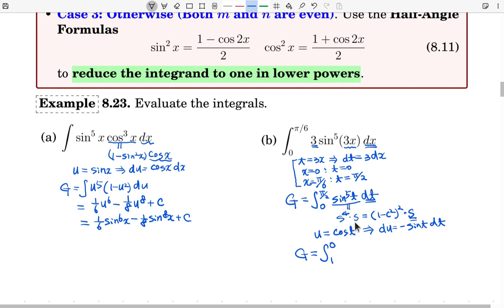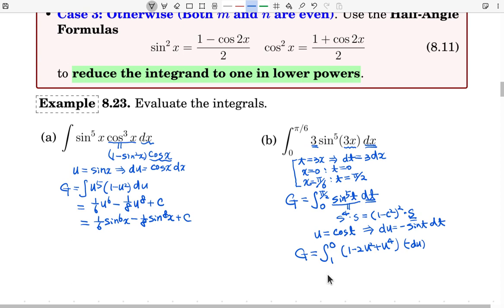Now for this portion, it's the same as 1 minus cosine squared, so that is 1 minus u squared, squared. So let's write it this way: 1 minus 2u squared plus u to the 4, right? And then sine t dt will make minus du.